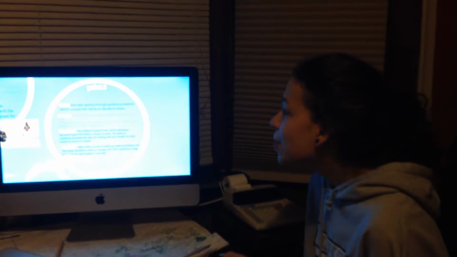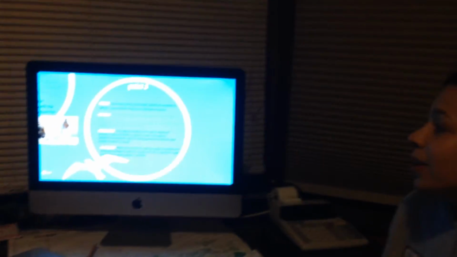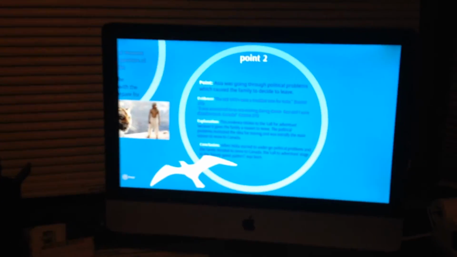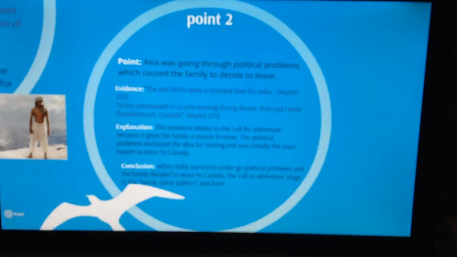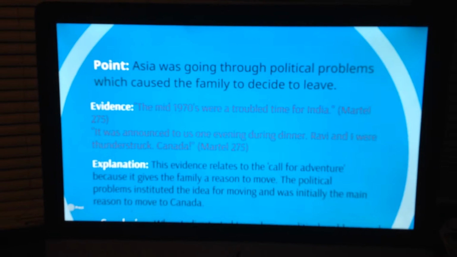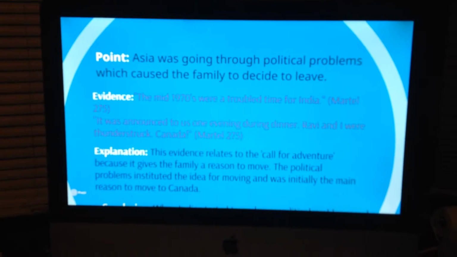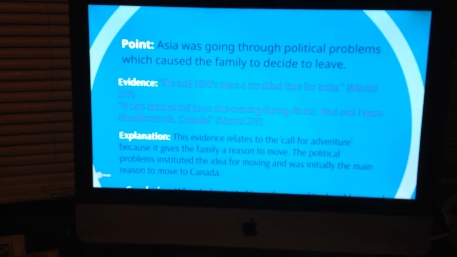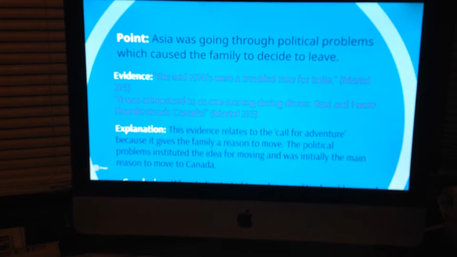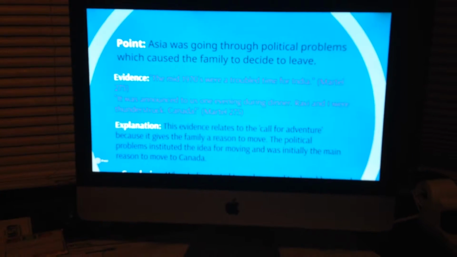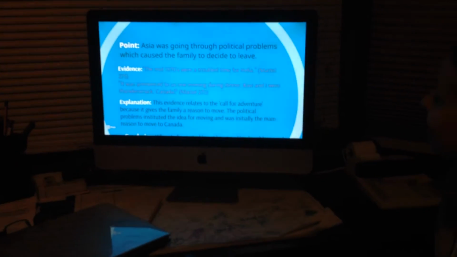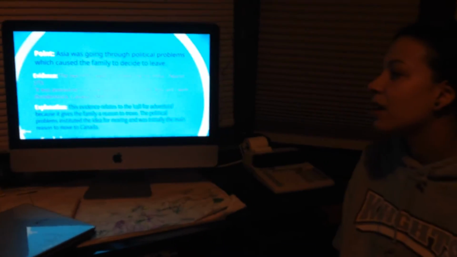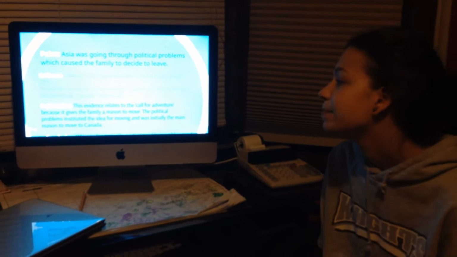Pi talks about how Asia is going through political problems that cause the family to decide to leave. My evidence from the book is when Pi says that the mid-1970s were a troubled time for India on page 275. It was announced to us one evening during dinner. Ravi and I were thunderstruck. Canada.